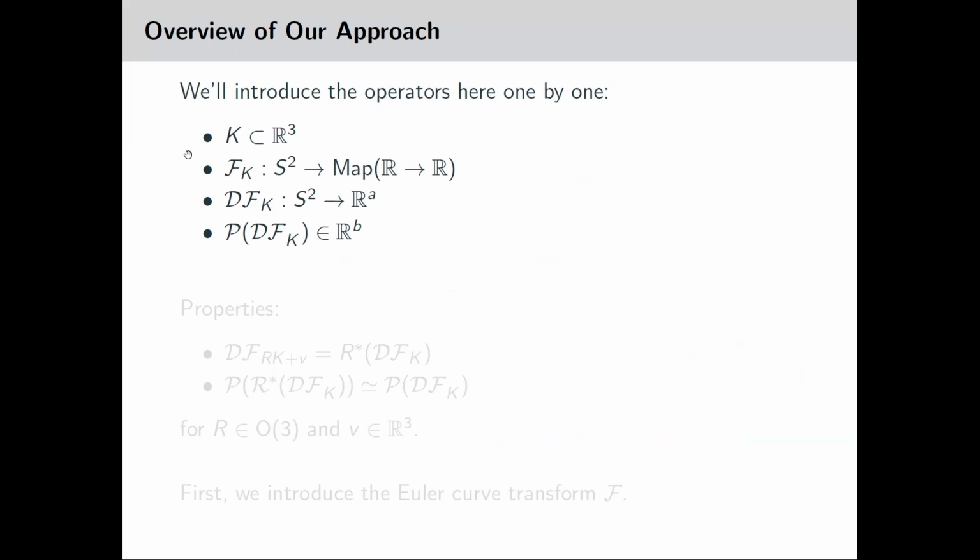In other words, through this operator F, we obtain a function that gives us a curve for each point on S2. This notation, map R to R, denotes a set of functions mapping from R to R, and a function in here doesn't need to be continuous. Okay, so I'm going to give you a very quick overview here and then go into more detail in the next slides. Before that, I'd like to highlight some properties of these operators that I will define later.